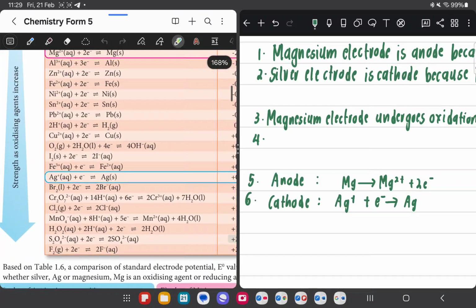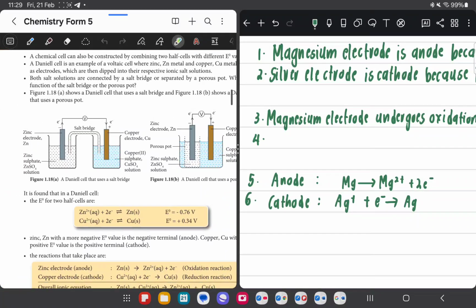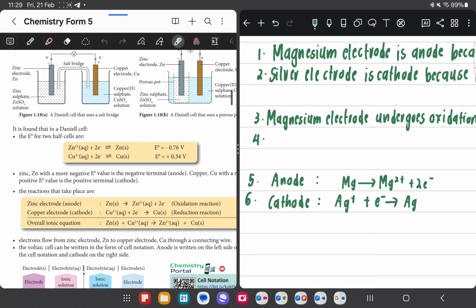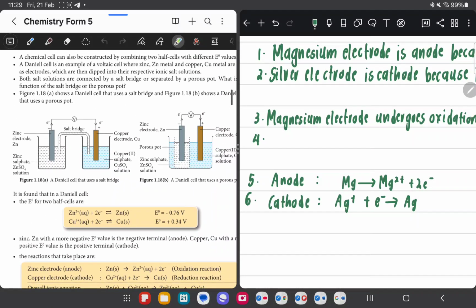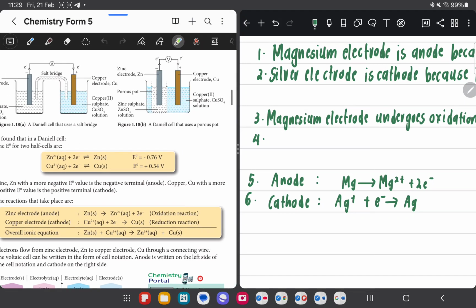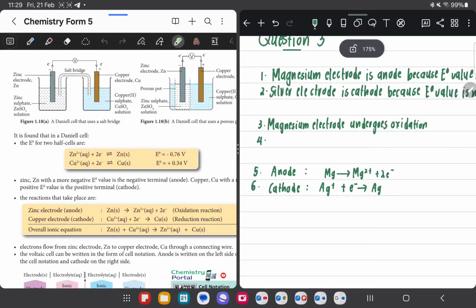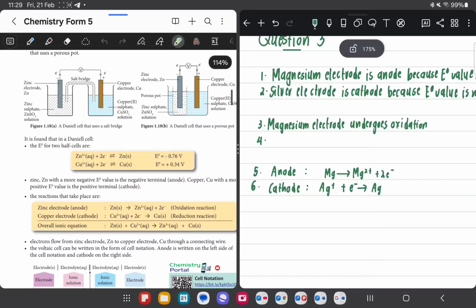That's better. But when I look back at your example in the textbook, it doesn't mention which one undergoes reduction or oxidation, it just says Zn is your anode, Cu is your cathode. So when I look back, I thought okay, fine.